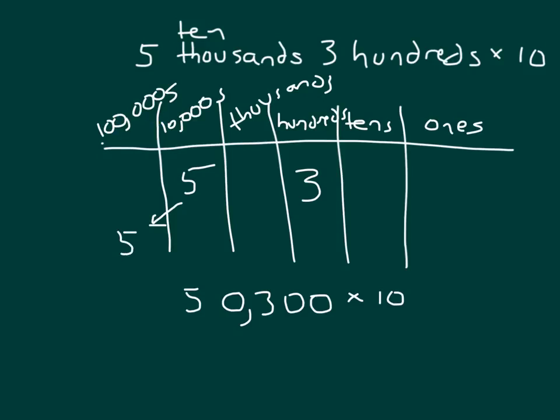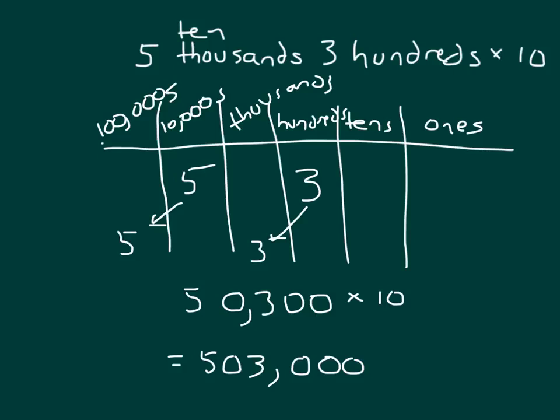Let's shift not just one digit, but both of those digits. What's the new number that we have? We have 5, 0, 3, 0, 0, 0. I'll carefully place my comma there, and let's read that whole thing. 50,300 times 10 equals 503,000.